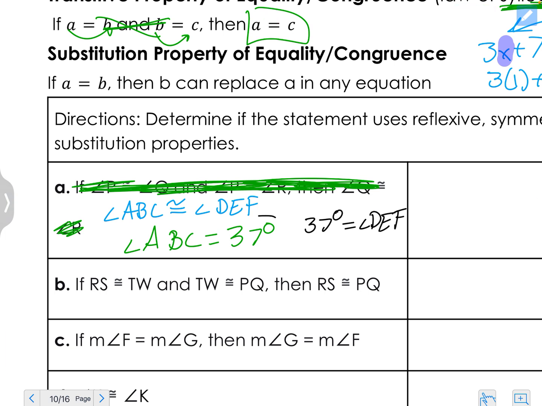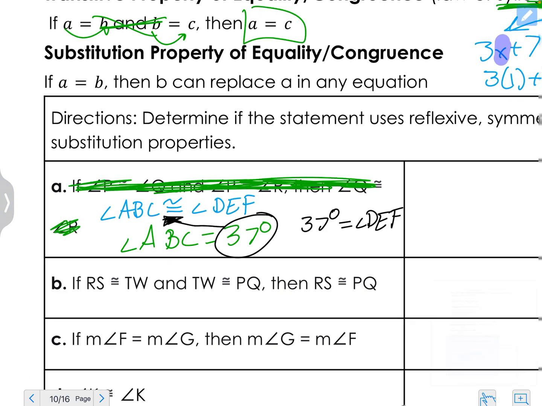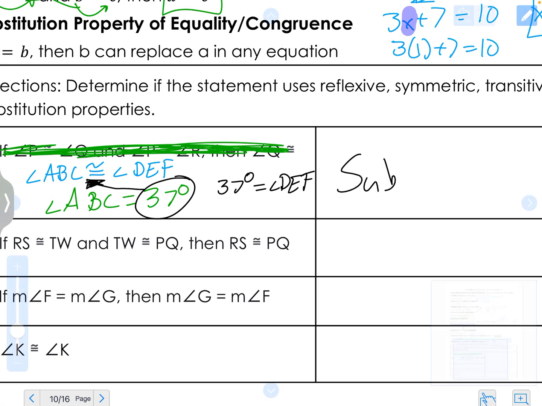And so that's our property of substitution, is we just take that 37 and we plug it in for ABC in that statement. That's the easiest way to explain that, but that is going to be our substitution property.